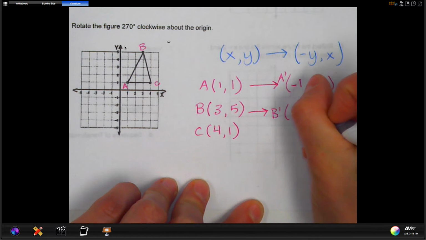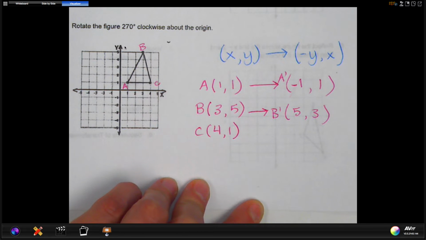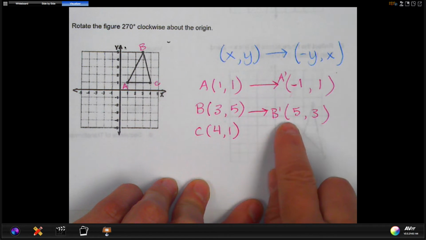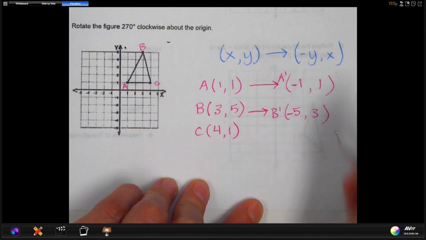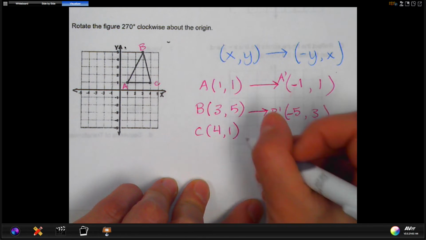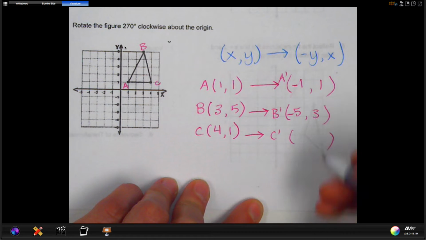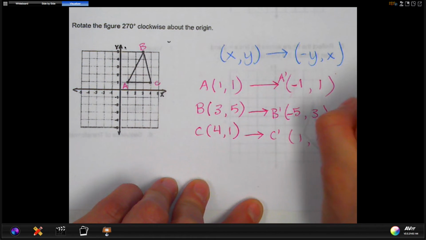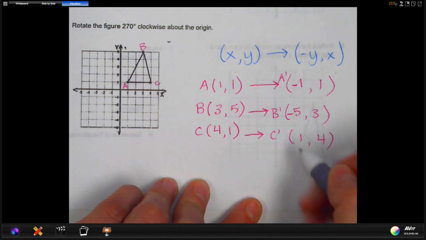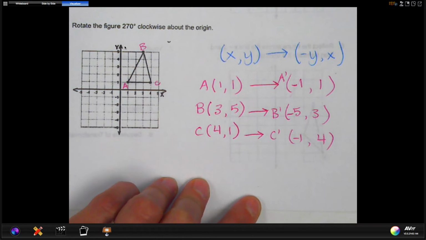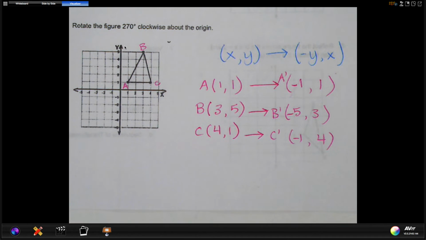So 5 is going to come first and 3 will come second now. And that first one has to become opposite. So negative 5, 3. And then finally C prime. Again, we're going to switch them around. So 1 comes first and then 4 comes second. And we're going to make that first one opposite. So negative 1, 4 would be what I've got.